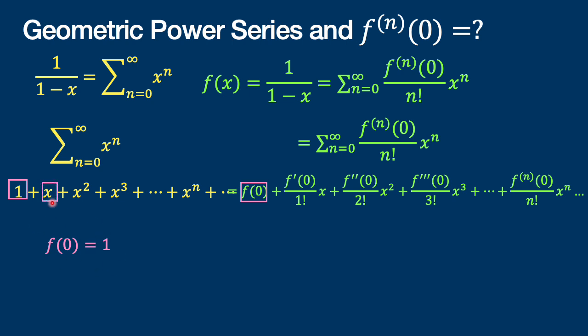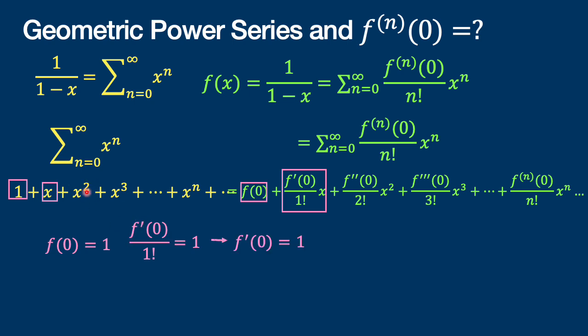The x term should be the same: f prime of 0 over 1 factorial times x. The coefficient on the left is 1, and the coefficient on the right is f prime of 0 over 1 factorial. So what is f prime of 0 going to be? It is 1, right?